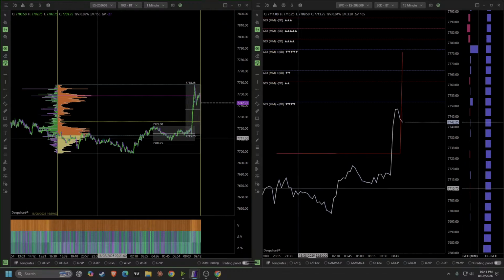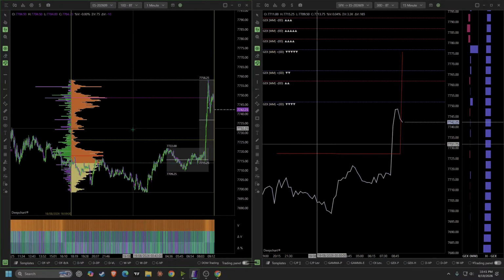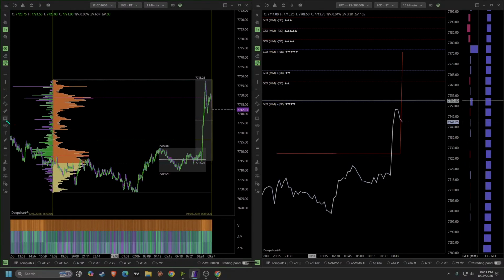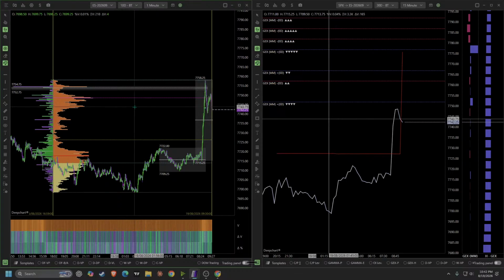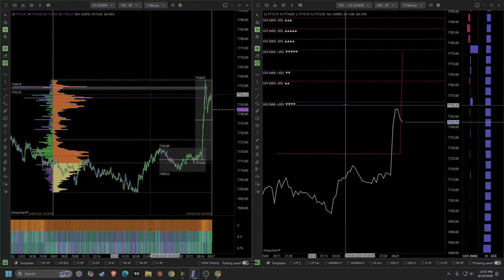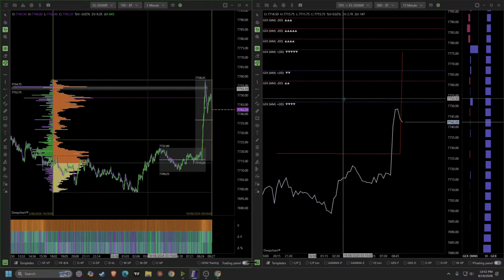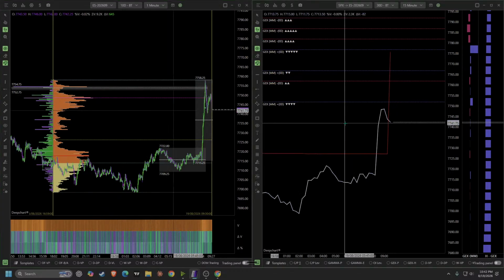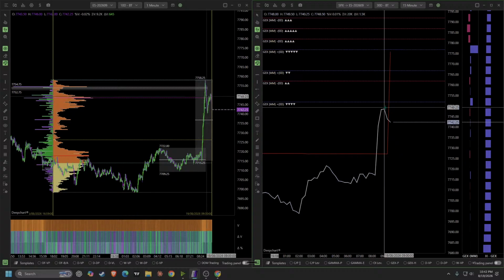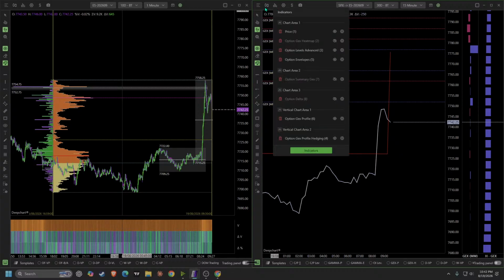And interestingly enough, if we look at the delta profile, most of the selling occurred at 77.54 right here. All right, and price turned around. Look at candles here.